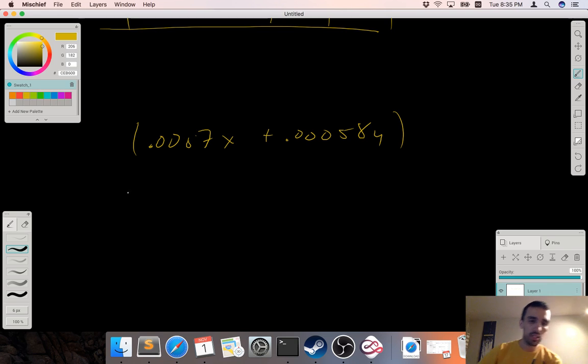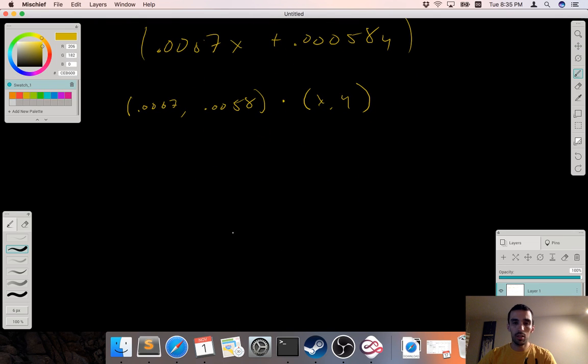So this is the same thing as saying the vector (0.0067, 0.0058) dot product with xy. So what does this mean? You have your xy vector, it points somewhere. And then there's this 0.067, not 0.0067, 0.067 and 0.0058 vector that you're dot producting with.